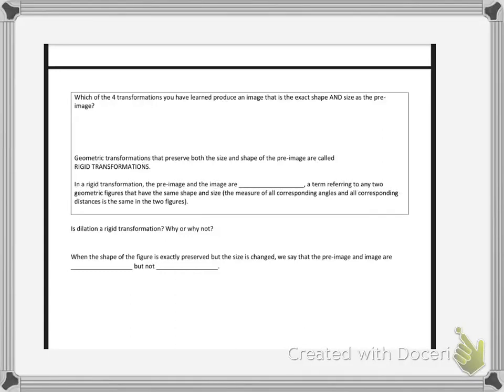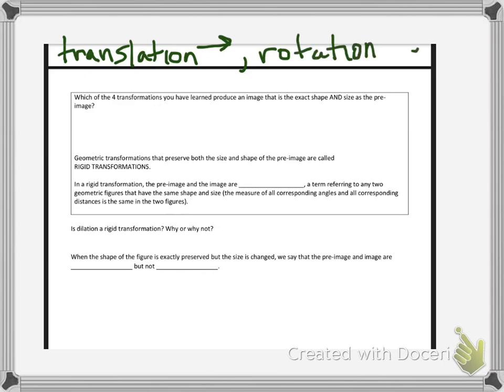Okay, so we've studied 4 different transformations in geometry. We've had translation, which is a move or a slide. We've studied rotation, where something turns around a point of rotation.